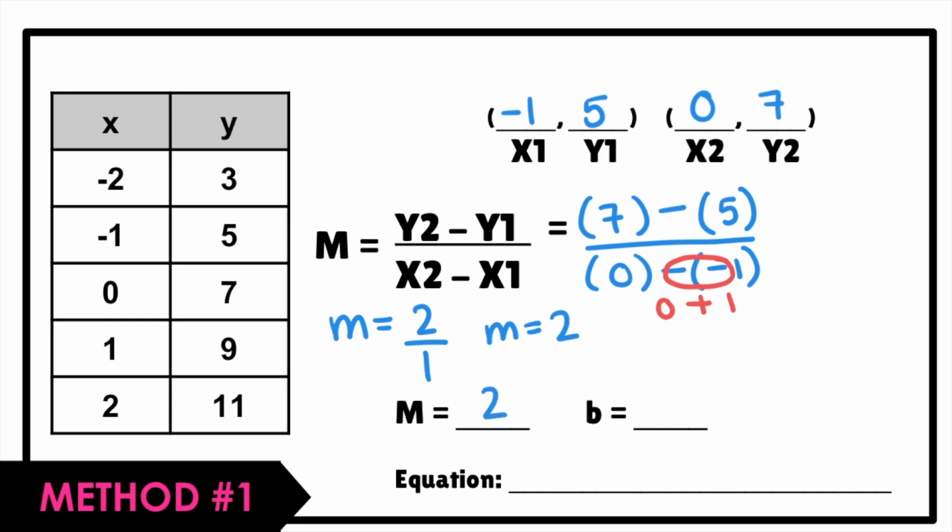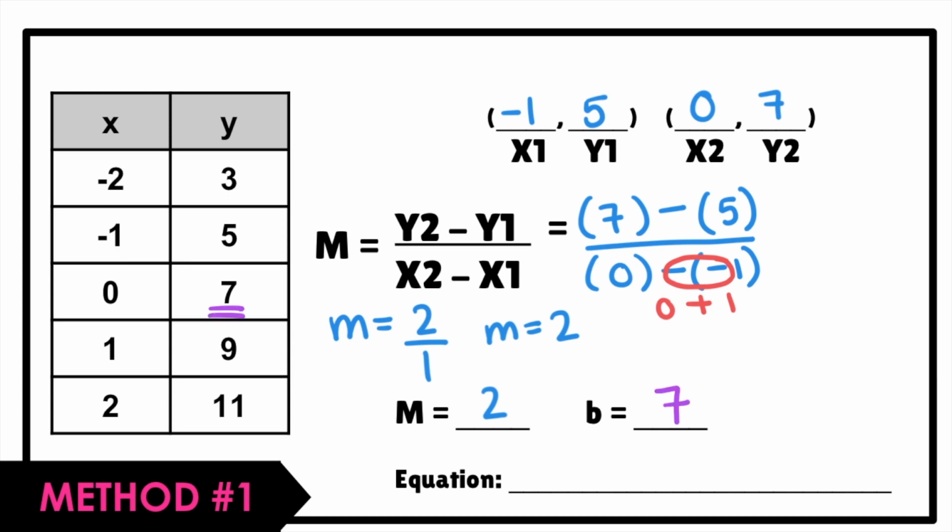Now for our y-intercept, since the y-intercept is where we see the line crossing the y-axis on a graph, that means that any point that we find on the y-axis has an x value of 0. So if we're looking for the y-intercept from a table, we need to look for the x value being 0 on the table so that we can take a look at that y value and we'll know that that's our y-intercept, or our value for b.